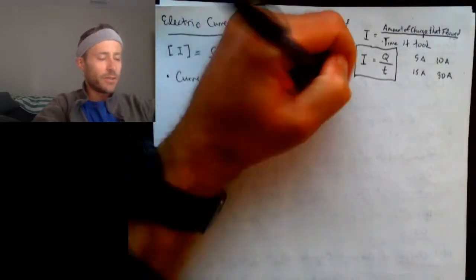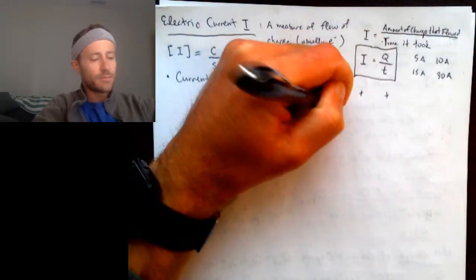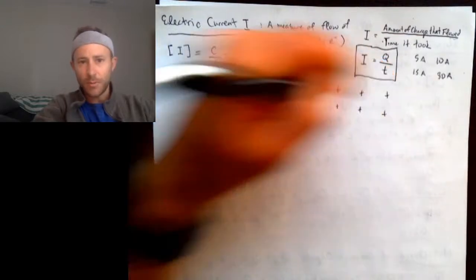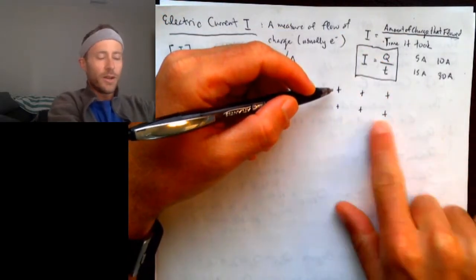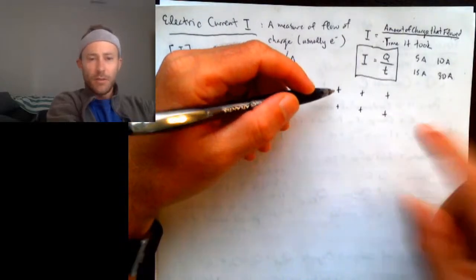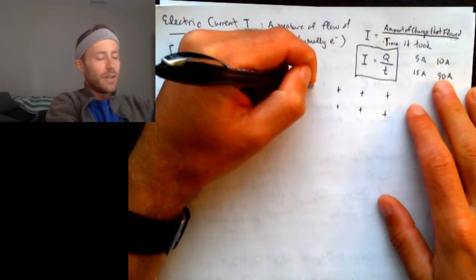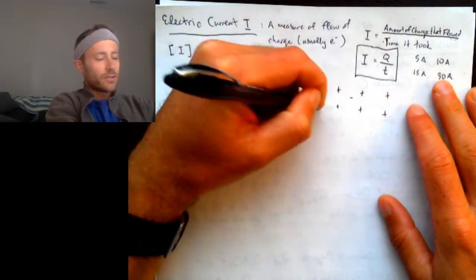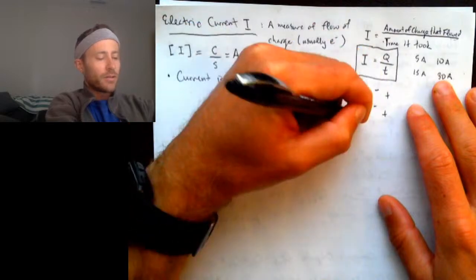let's imagine you have a wire which is made out of metal. Usually wires are made out of copper. So here are the copper nuclei. And if a wire is conducting current, that means that the negatively charged electrons are flowing through it.